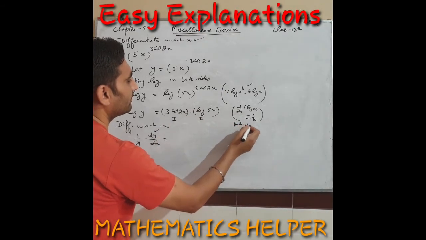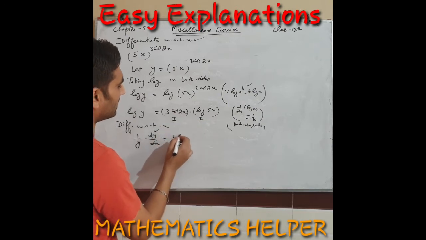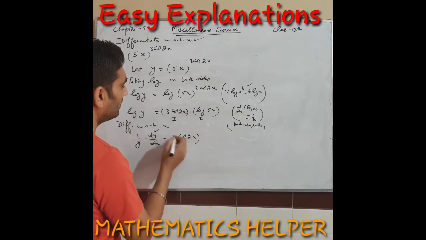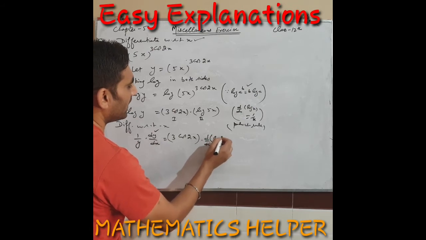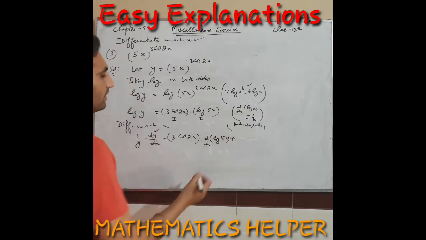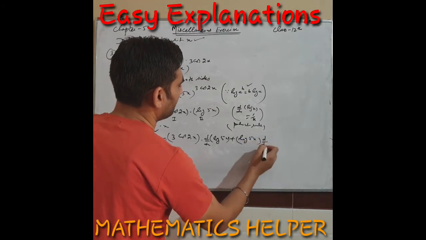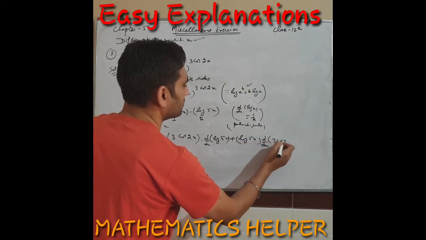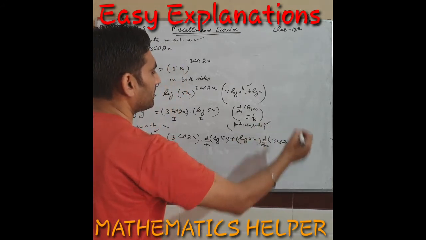And here there are two parts, so we are going to use the product rule. Product rule says, when you write the derivative, first as it is, derivative of the second part, log 5x. Similarly, plus sign, second as it is, and derivative of the first part, which is 3 cos 2x. Students, remember this product rule which you used earlier in plus 1 class.